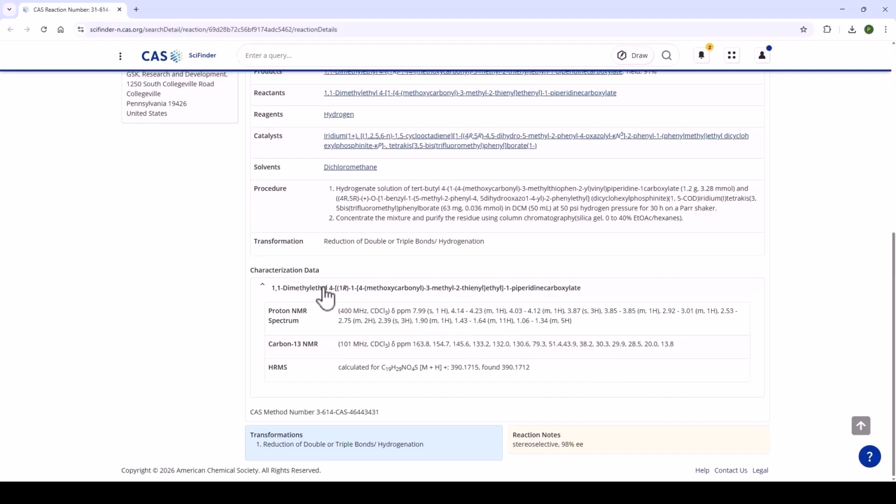Would CAS Newton actually be able to focus on these pieces of information to say, I don't want to have reactions where the final step of the procedure is a chromatographic purification, or I would like to have those types of reactions where there is a percent EE mentioned. Do you think that's a possibility?